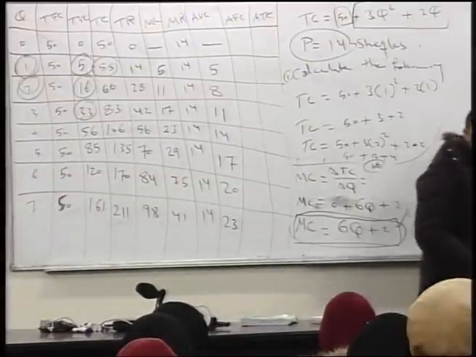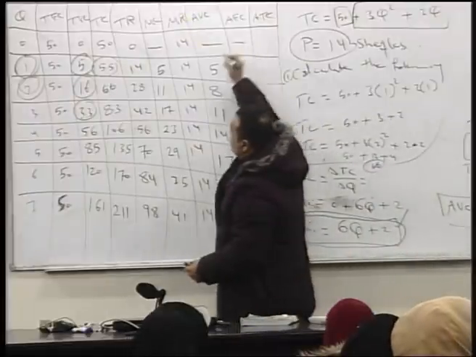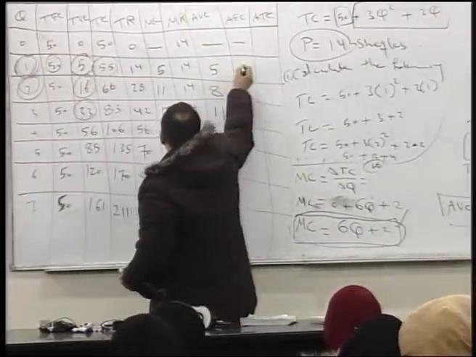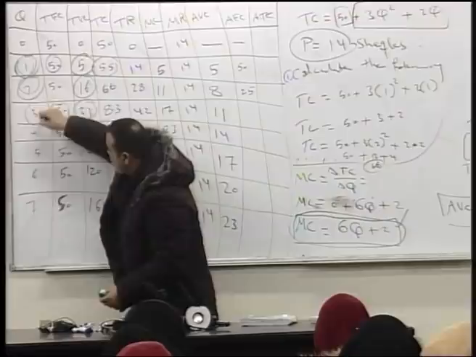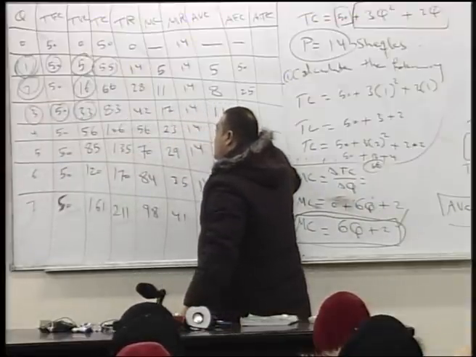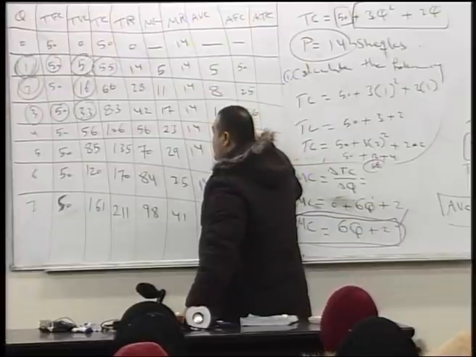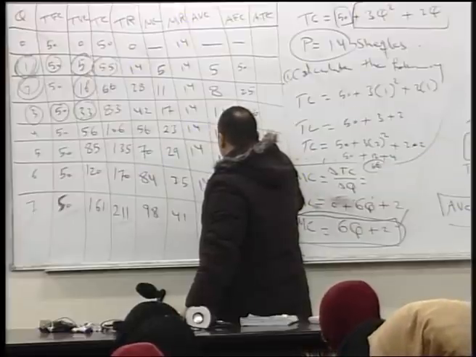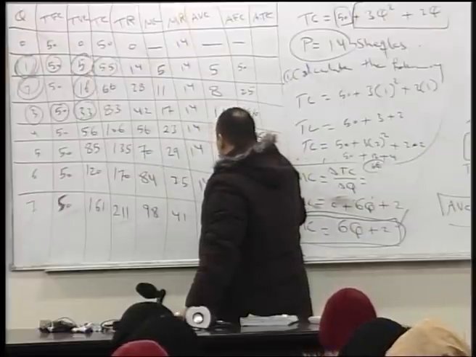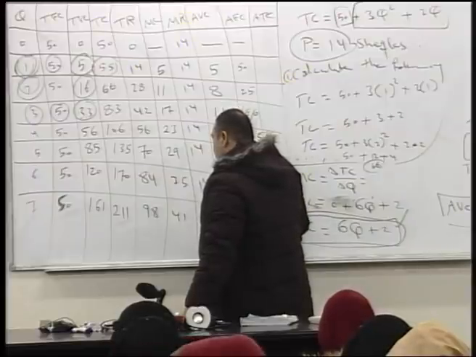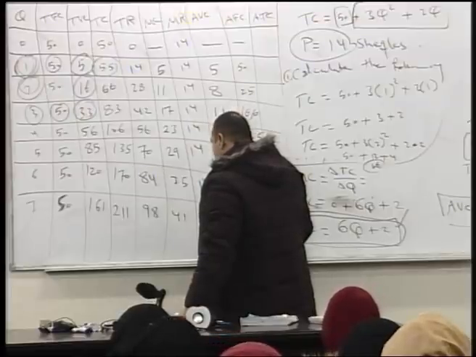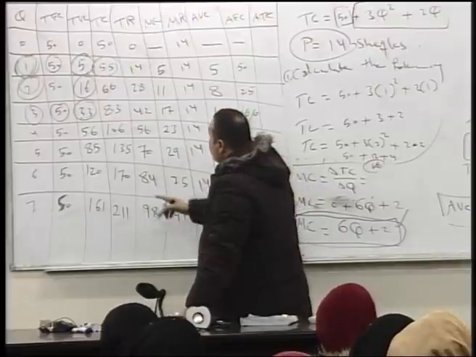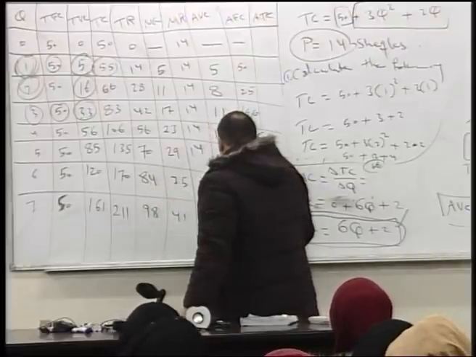ATC or AFC: 50 over 1 is 50, then 25, then 50 over 3 is 16.6, then 12.5, then 10, then 8.3, and the last point 7.14.